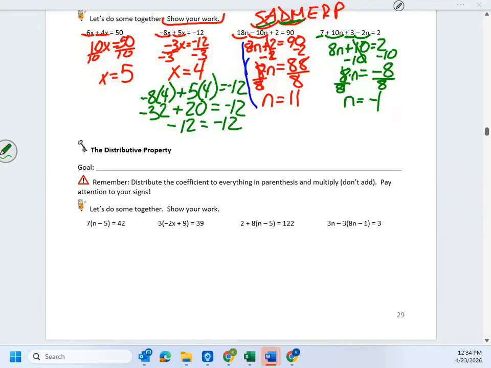Okay. Let's look at that distributive property. The goal of the distributive property is to eliminate parentheses. We worked on that yesterday.